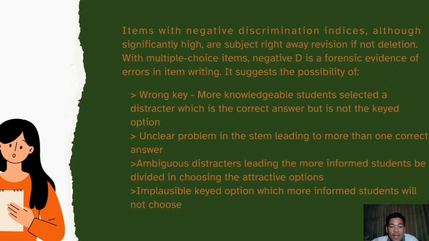So, next is an unclear problem in the stem leading to more than one correct answer. Or ambiguous distractors, leading to the more informed students being divided in choosing the attractive options. So, ambiguous distractors means that there are two choices, but there is only one best answer. Dito, masyadong convincing yung bawat choices.